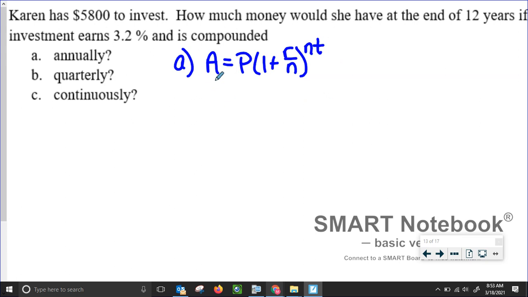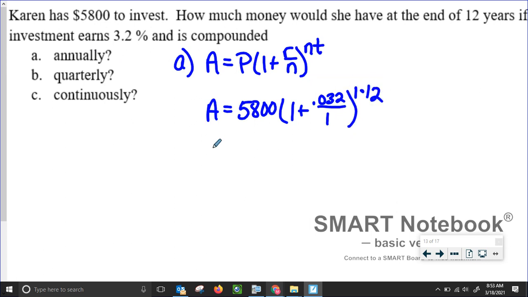We're trying to find the final amount, so we're trying to find A. My initial investment is 5,800, times 1 plus the interest rate as a decimal, 0.032 over n. Annually just means one time per year, and it says at the end of 12 years.